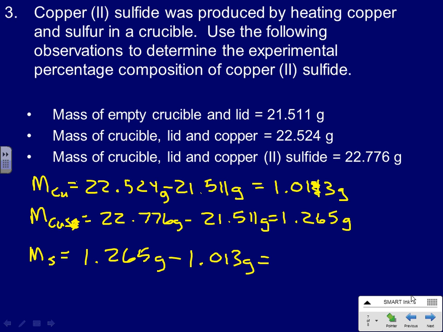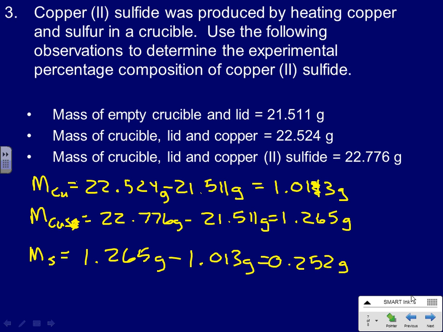You could have even subtracted the crucible lid and copper 2 sulfide from crucible lid and copper. It would get you the same answer. We've just taken away this down here. What do we have as a value? Yeah, Chelsea, what do you got? 252 grams. Okay.